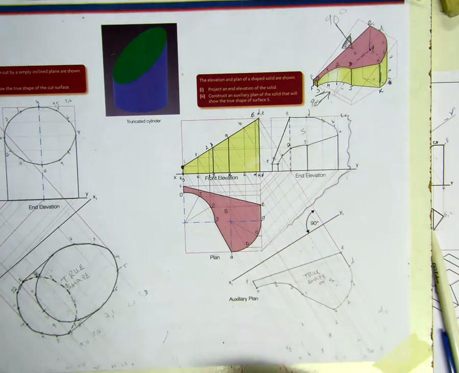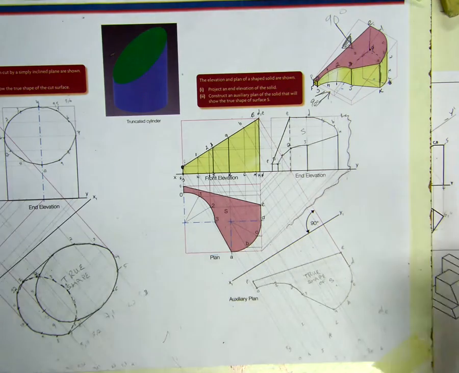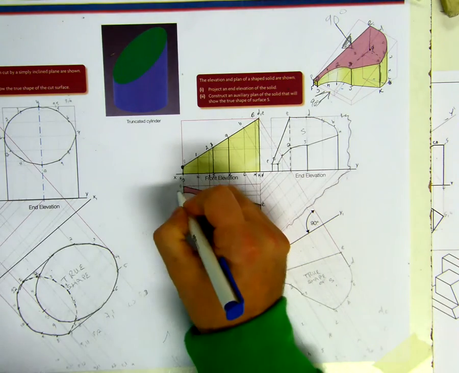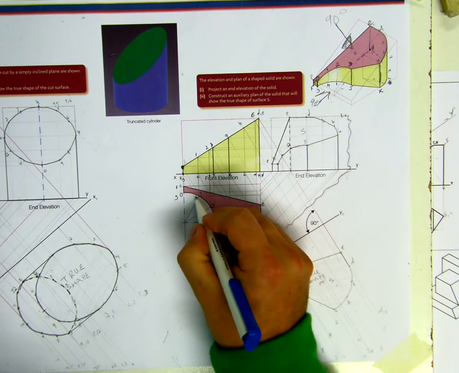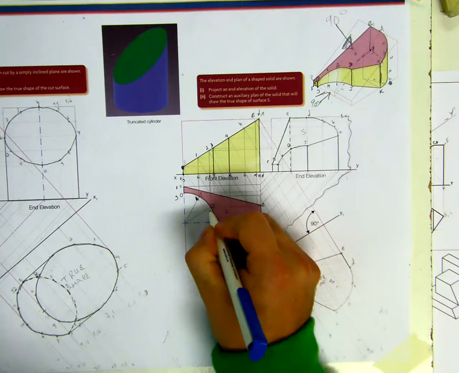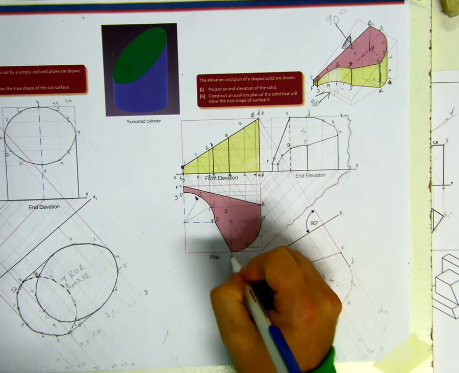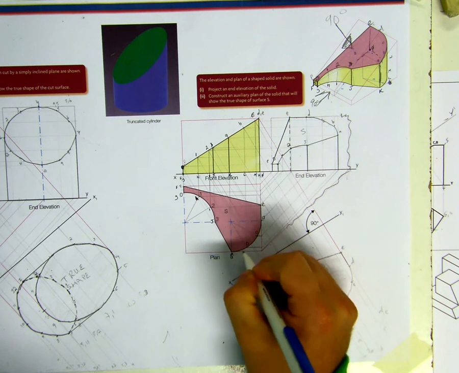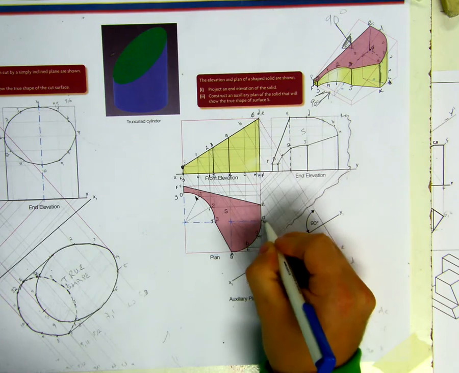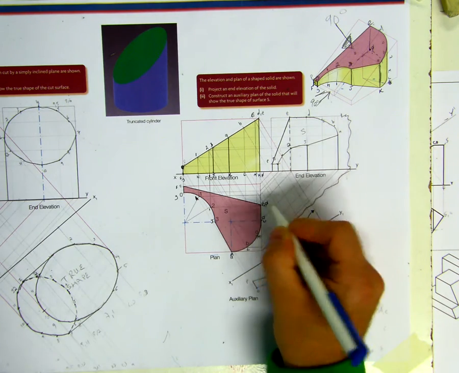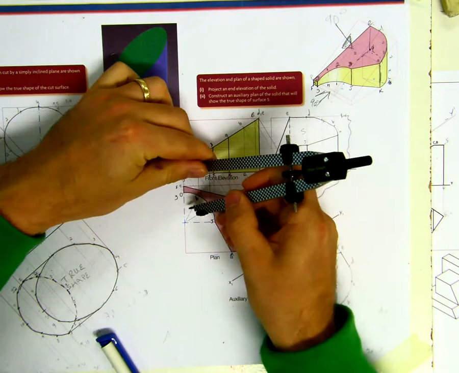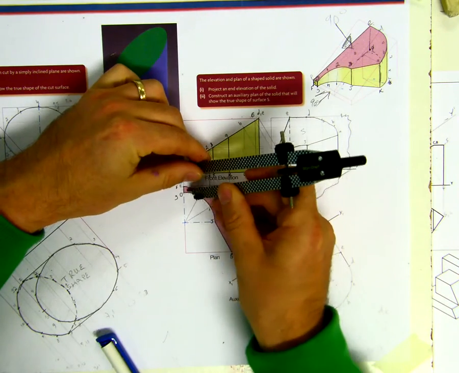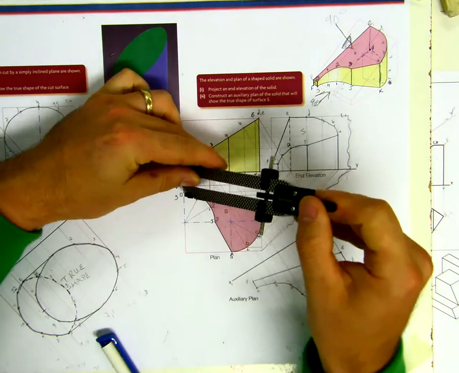Okay, so the first thing we do is we know that F is here, G is here, then we have H, I, J, K, L, M, N, and O. So we take the distance again, so it's the same thing. We projected our auxiliary plan from elevation, and we're taking our distances from plan.